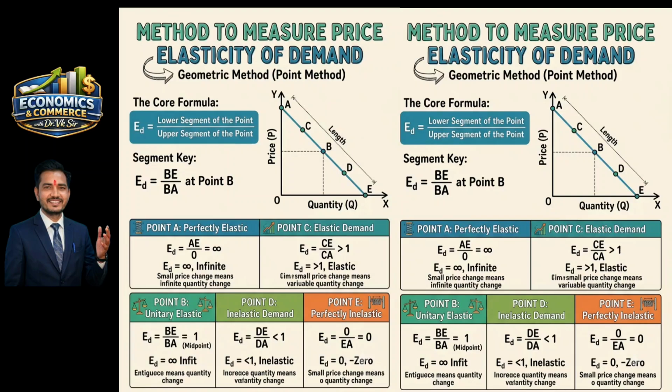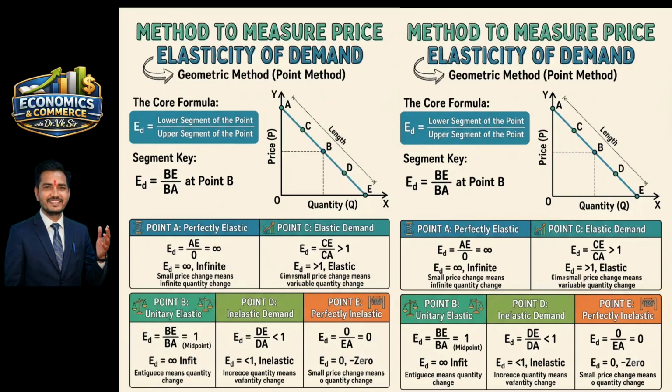Okay, so let's go for point B, that is the midpoint. At point B, the lower segment is BE and the upper segment is BA. Since both segments are equal, ED is equal to BA upon BA.